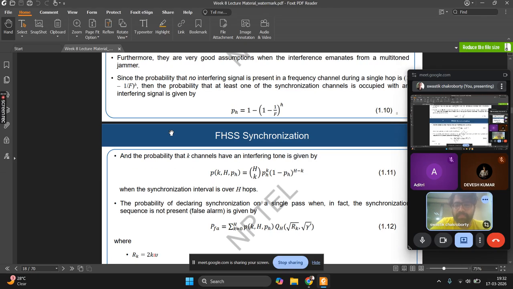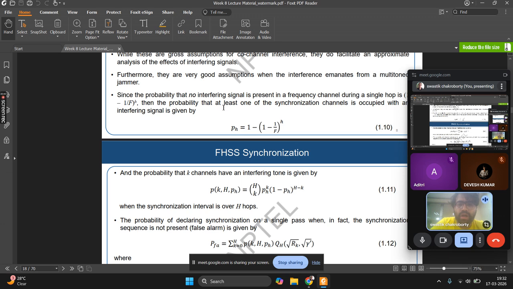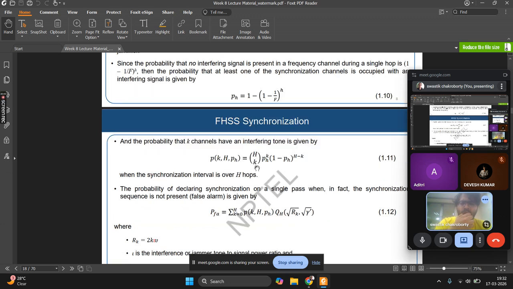Okay, and the probability that k channels have interference. So a particular channel, out of H channels, what is the probability that k channels will have an interfering tone? Every channel is either interfering or non-interfering, so of course this will be a binomial distribution.